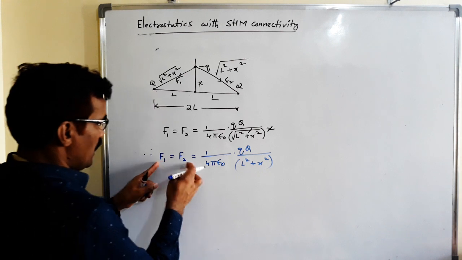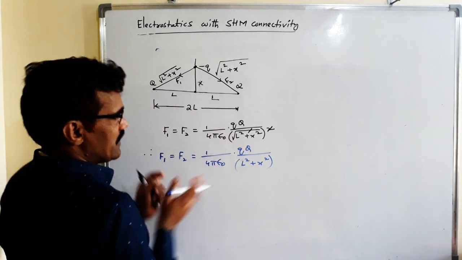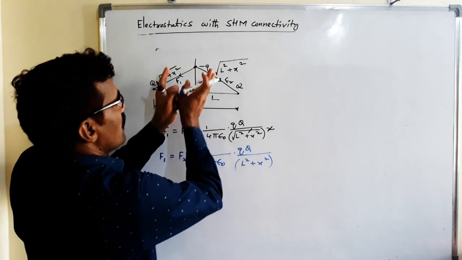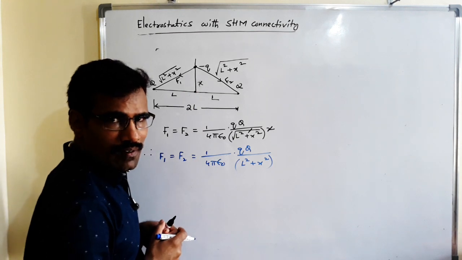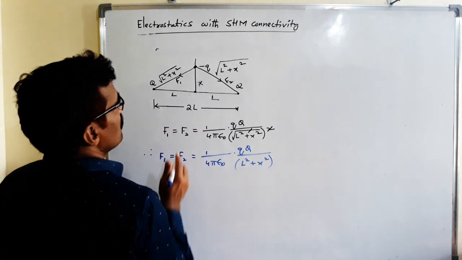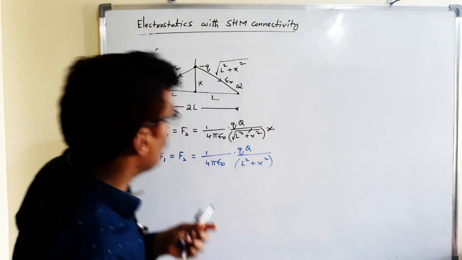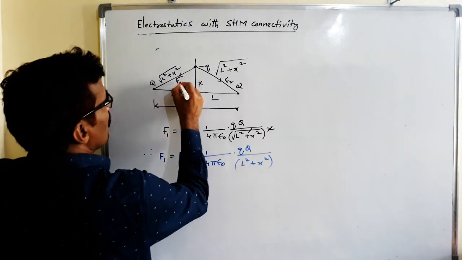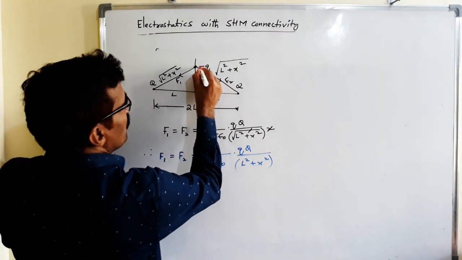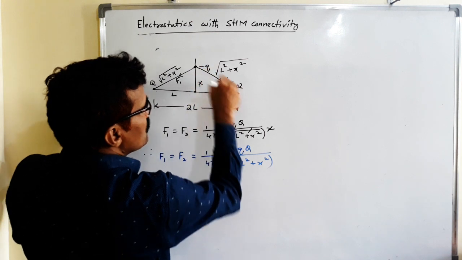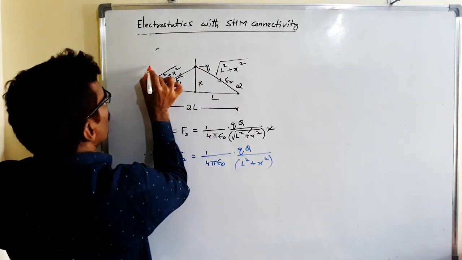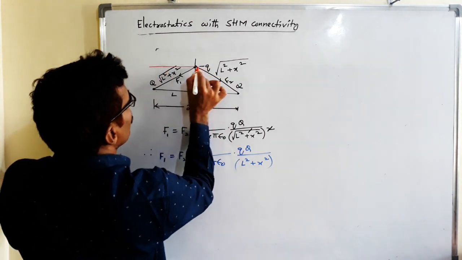F1 and F2 are the same in magnitude, but the direction is different, not opposite, different. The force acting on minus Q is F1 on this side and F2 on the other side. What are the components?